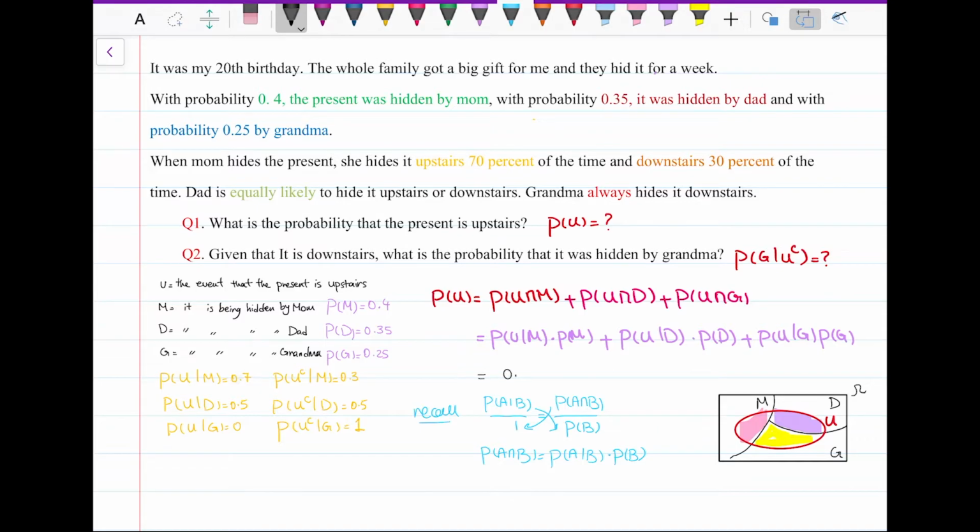It's 0.7 times probability of M, which is 0.4, plus probability of U given D is 0.5 times probability of D, which is 0.35, plus probability of U given G is 0 times probability of G, which is 0.25. It's 0.45.